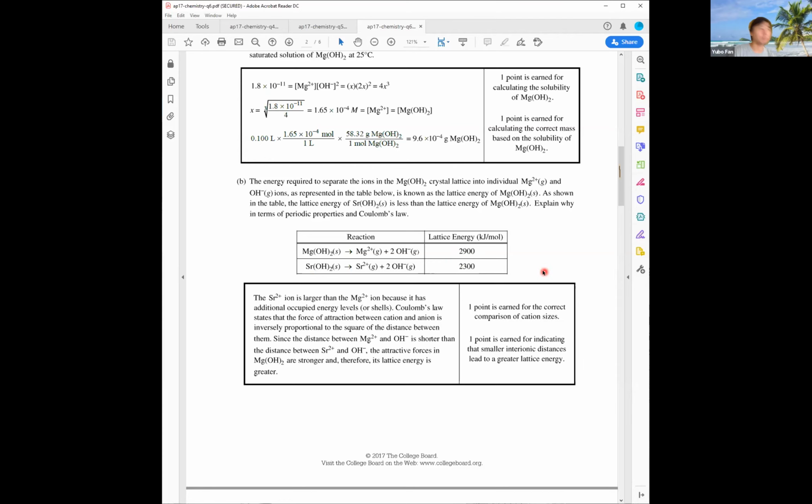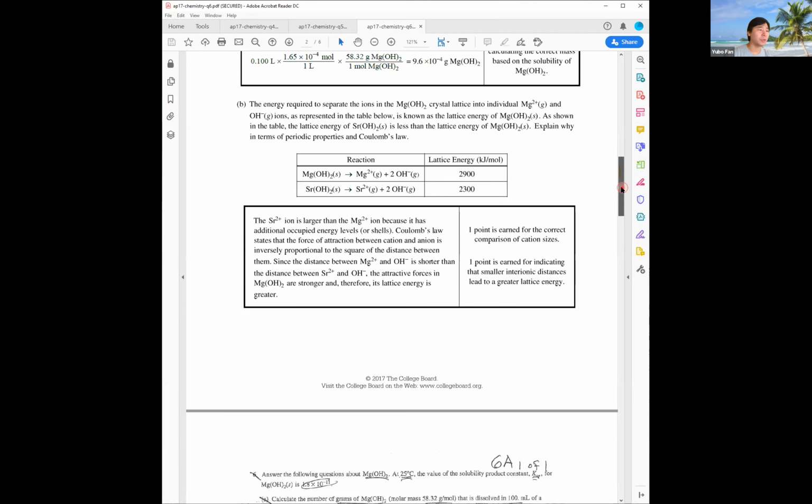The simple explanation is that the radius of strontium is greater than magnesium's. Based on Coulomb's law, of course, the smaller cations can have stronger interactions.